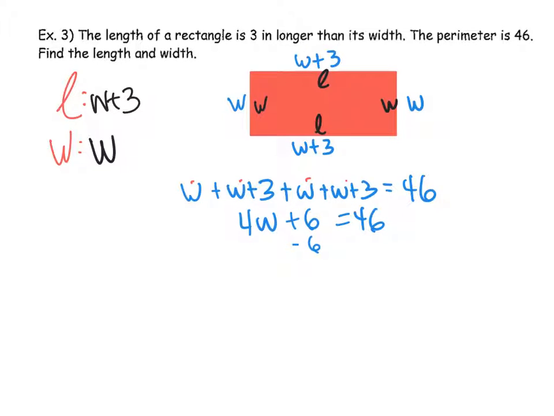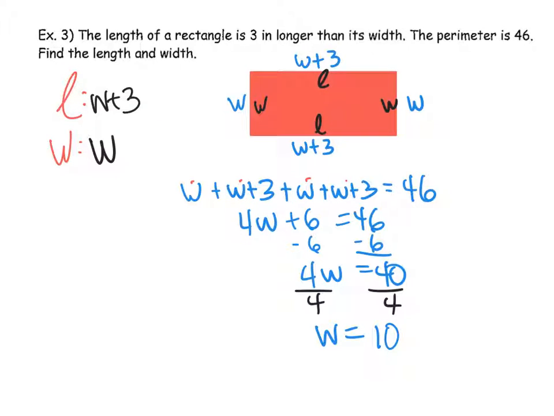All right, so just subtract 6 both sides. 4W equals 40. Divide both sides by 4. Find the length and the width. 4 goes into 40. 10.